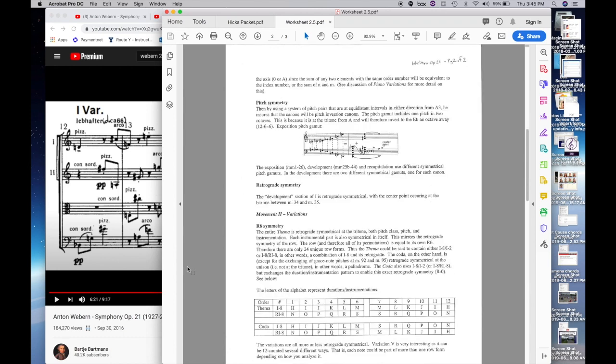Okay, so anyway, here it is, the coda. You'll notice I've given letters to represent durations and instrumentations, and they switch around here, whereas here they go forward and then backwards.